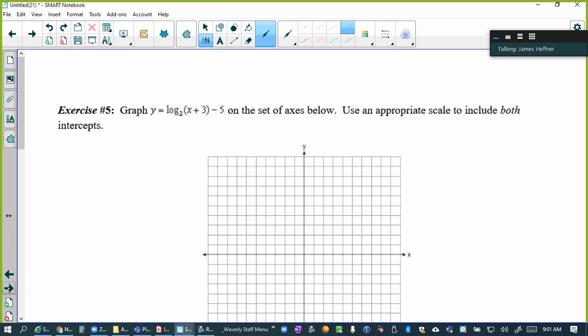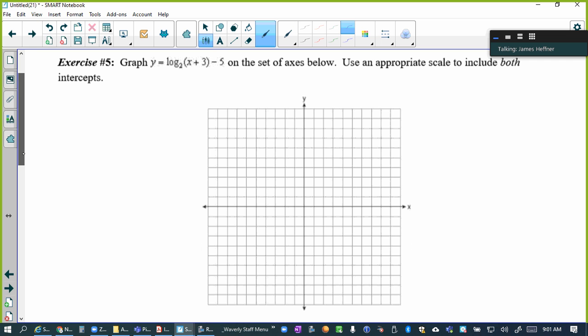Let's take a look at the next example. So we have another one here, log base 2 of x plus 3, and then minus 5. Okay? A table of values, I'm not going to fumble around with that anymore.